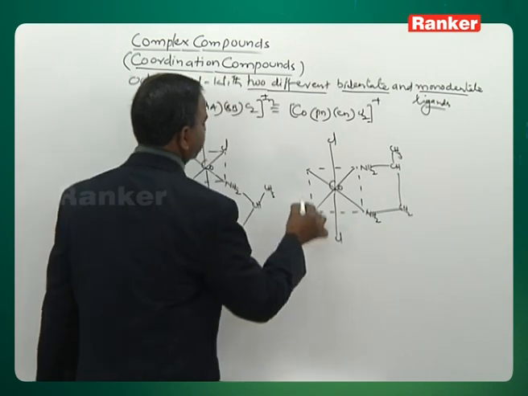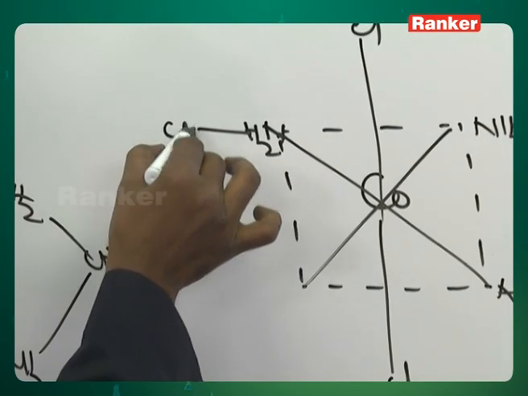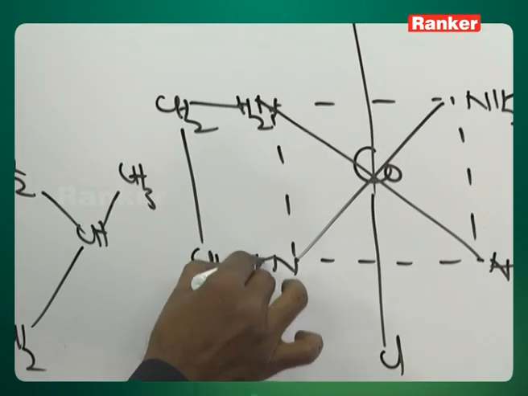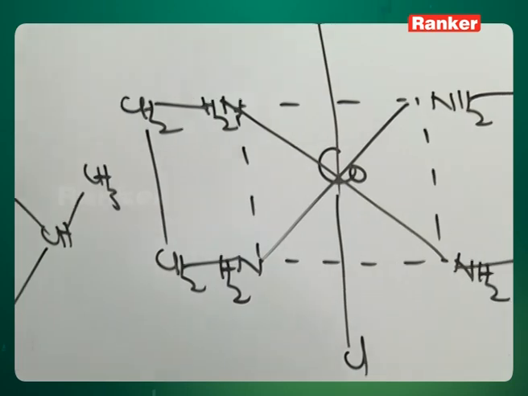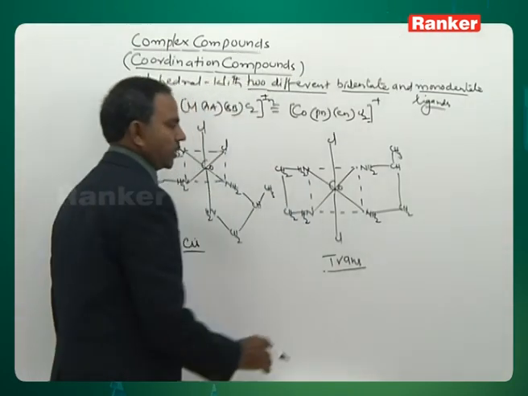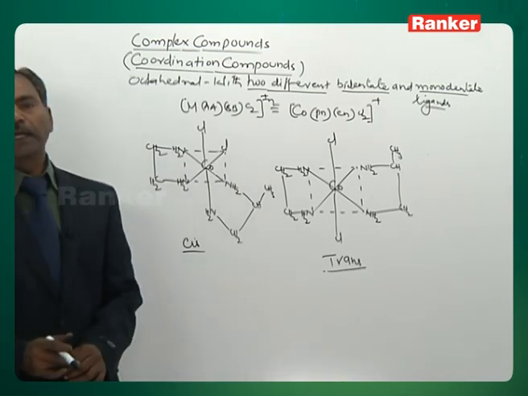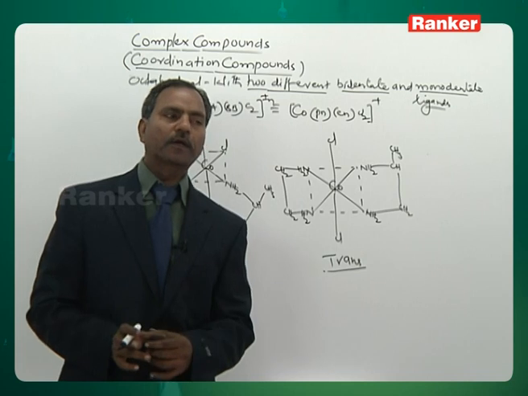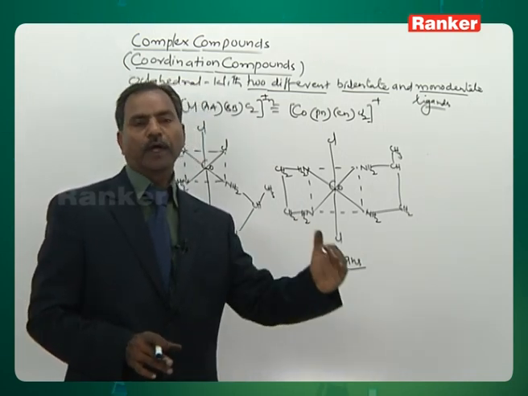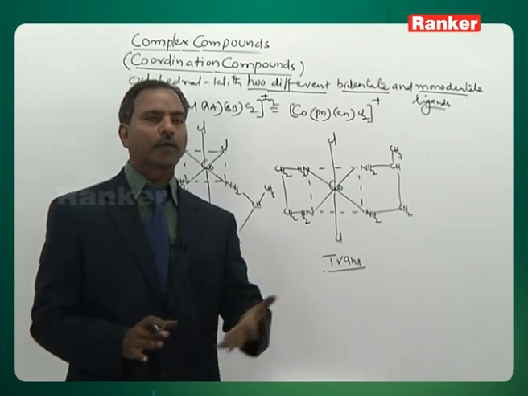One is pn, the next one is what? en. CH2, CH2, NH2. Say it is trans. See, one is cis, one is trans. So, with two different bidentate ligands. The different models under octahedral geometry are with only monodentate ligands, bidentate and monodentate ligands, two different bidentates and again monodentates.